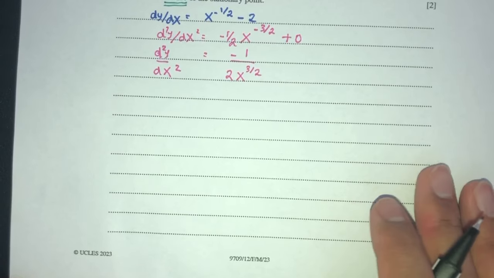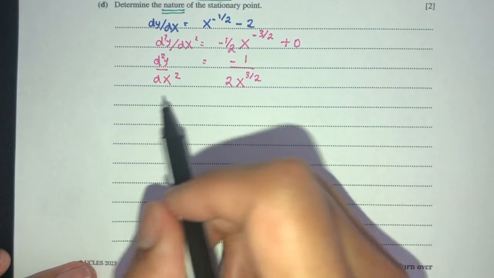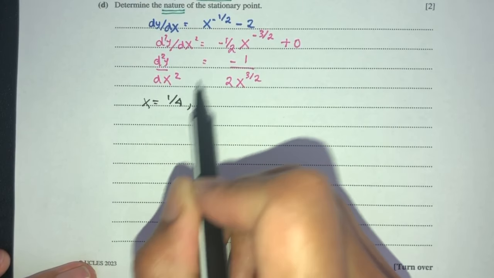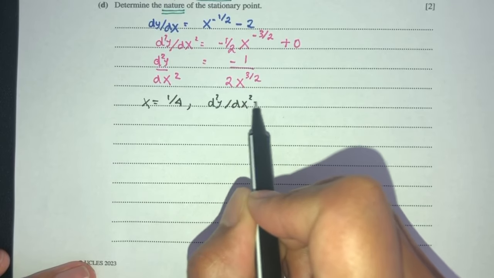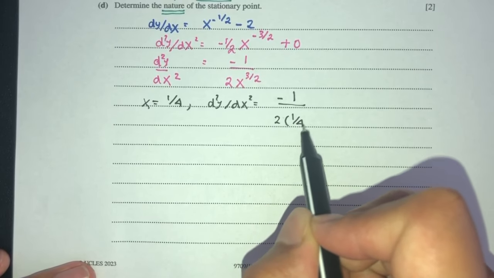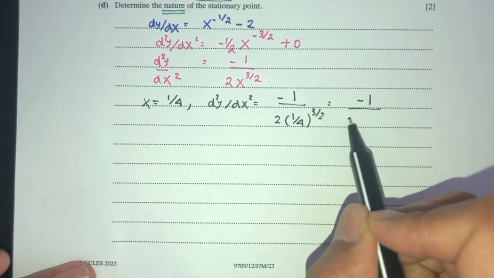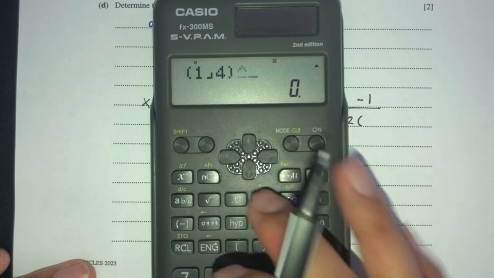Now, obviously, we have to test at the value of your stationary point. So at the point, we know x is the value of 1 over 4. So what is that value? Replace, you will have d2y by dx2 equal to minus 1 over 2 times 1 over 4 power 3 over 2.